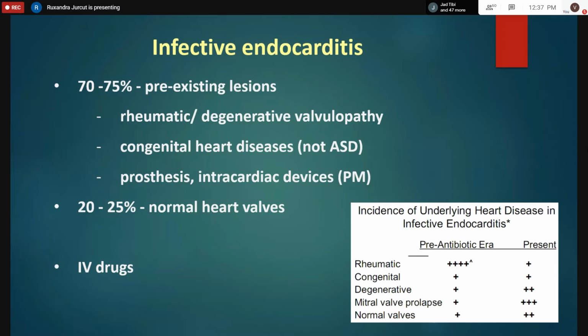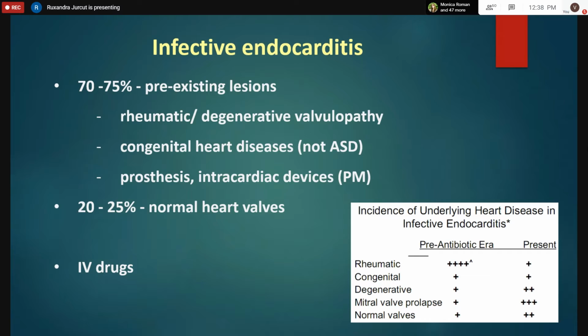Let's say two or three decades ago, the main underlying lesion of infective endocarditis was rheumatic valve disease. Nowadays, rheumatic valve disease is less and less frequent in the population, and we see more endocarditis on degenerative diseases, on mitral valve prolapse, which is quite frequent in the population, or aortic stenosis or aortic regurgitation, so lesions which usually come with age.